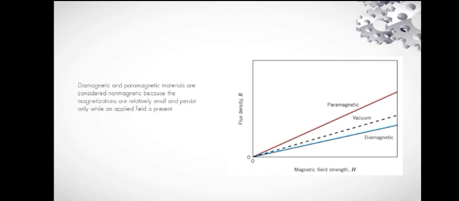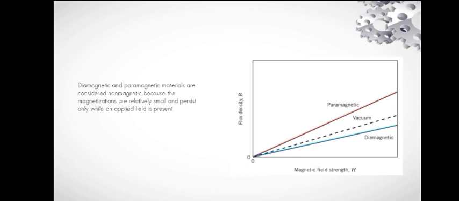Diamagnetism is a property of all materials and opposes applied magnetic fields, but is very weak. Paramagnetism, when present, is stronger than diamagnetism and produces magnetization in the direction of the applied field and proportional to the applied field.